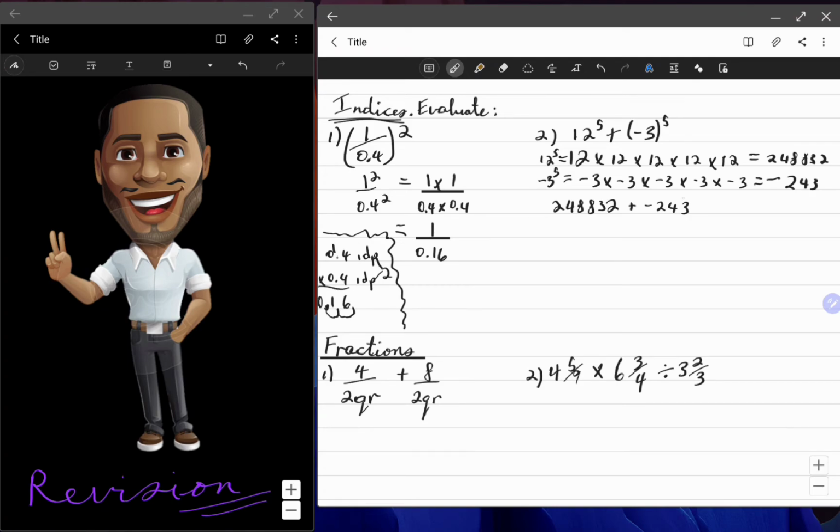Alright, so in order to work this out, because we have a plus and a negative sign, what happens here is that this will automatically turn to a negative sign, because if you remember the rules of integers, when you have these two signs together, it will then turn to a subtraction sign or a negative sign, whichever you want to use to identify it.